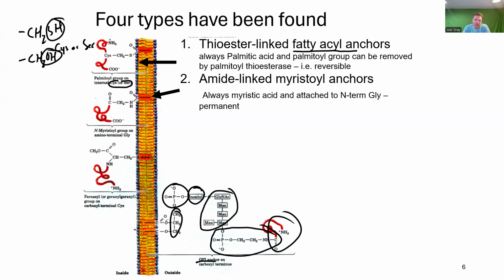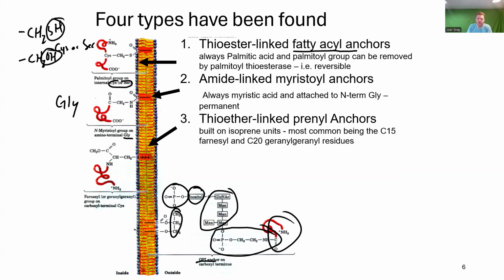You can have an amide-linked myristyl anchor. So myristic acid can be added to the N-termini of a glycine. So we can add to a glycine. And I'm thinking about these in terms of what amino acids are good targets for modifications. Then we've got thioether-linked prenyl anchors.